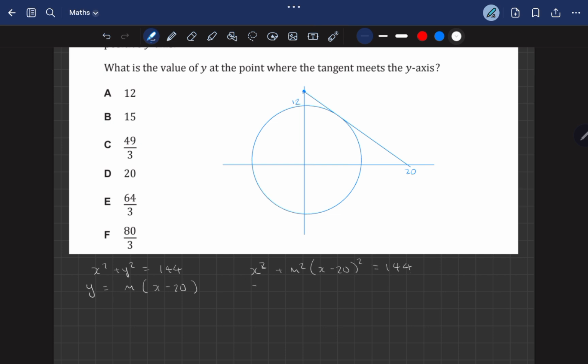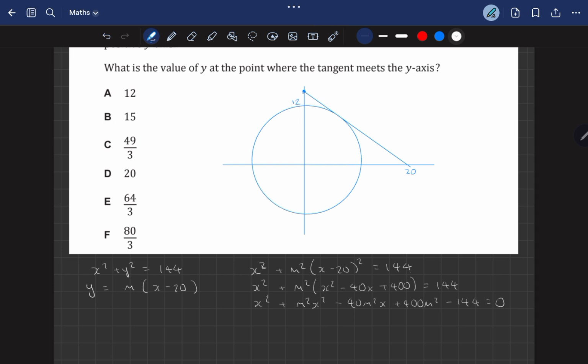And this is equal to x squared plus m squared x squared minus 40 m squared x plus 400 m squared is equal to 144. So x squared plus m squared x squared minus 40 m squared x plus 400 m squared minus 144 is equal to 0.